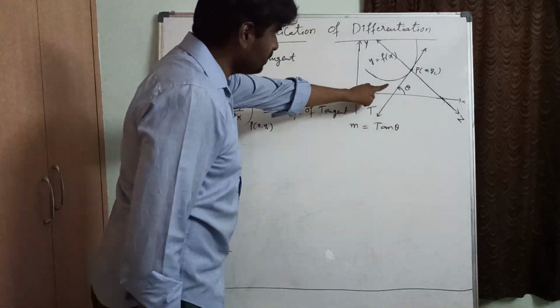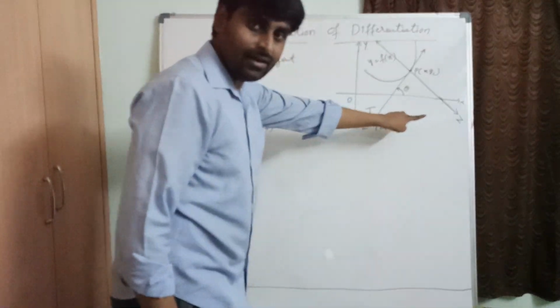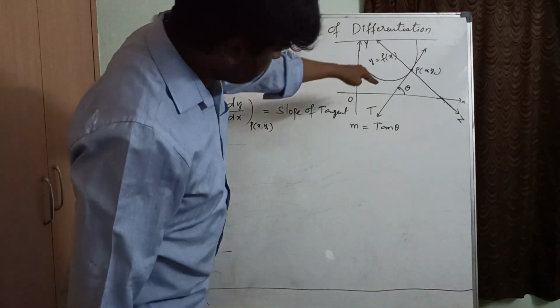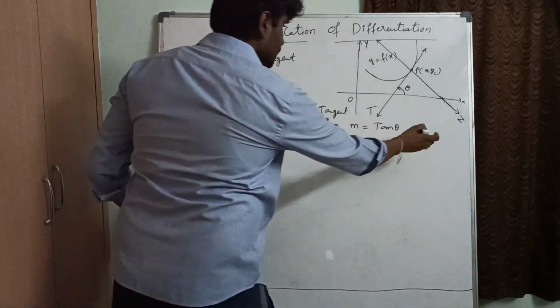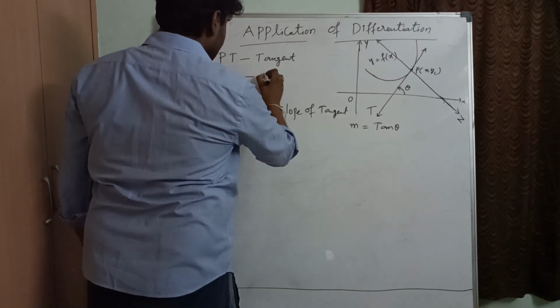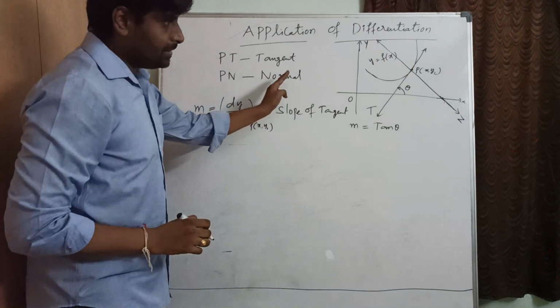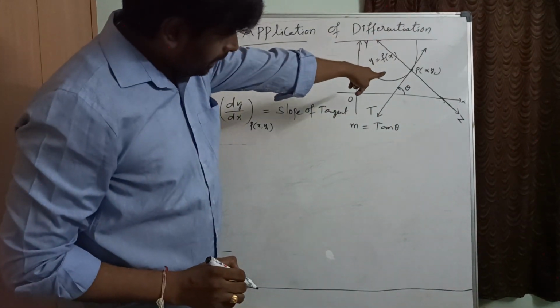So here PT is the tangent, and PN, a line which is perpendicular to the tangent, is the normal. Let us imagine this as perpendicular. So the normal is a line which is perpendicular to the tangent and passes through that point.